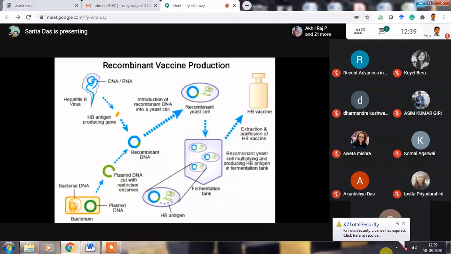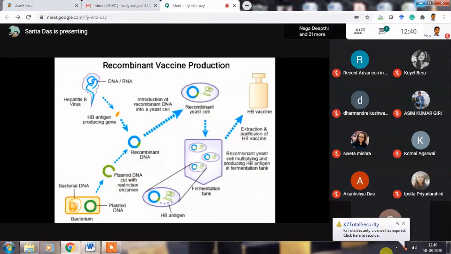Let me tell you, there are four different expression systems. Till now, I had discussed only one, the bacterial E. coli system, but yeast cells, insect cells and mammalian cells are also used for protein expression.